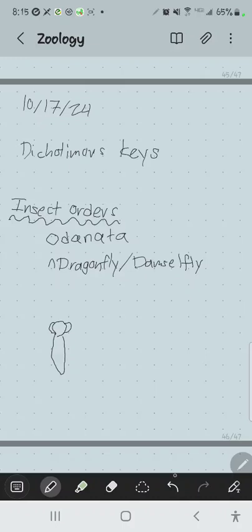They have a long, cigar-shaped, tubular body. But one of the interesting features about these is that the wings are large and membranous, membrane-like wings.